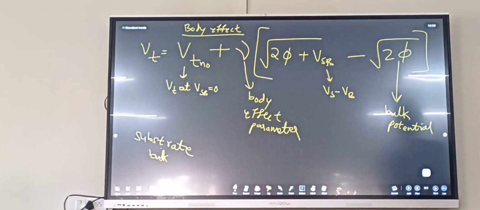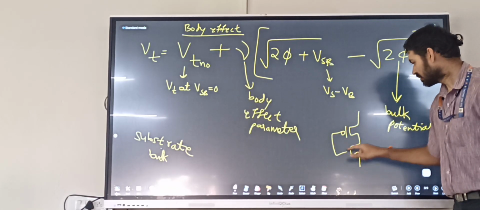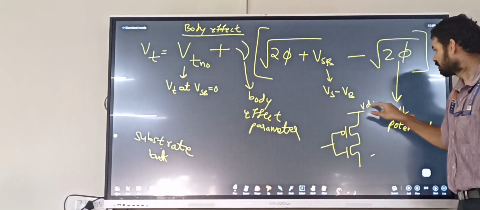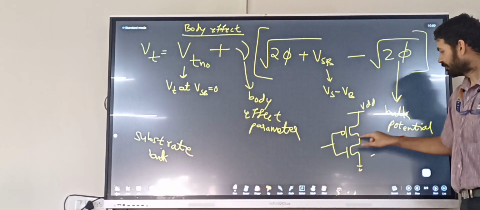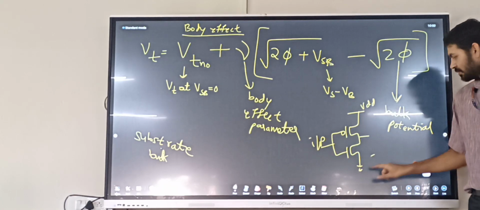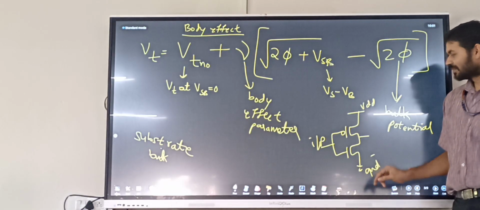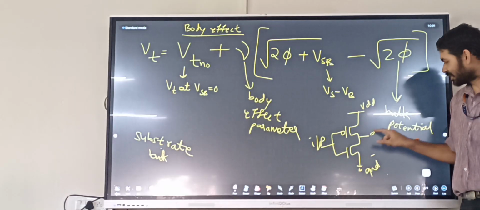It is the effect of the body if it is connected to different things. For example, I have an inverter. Now here, this is input, this is output.